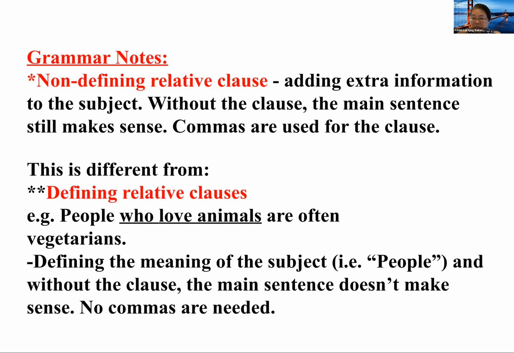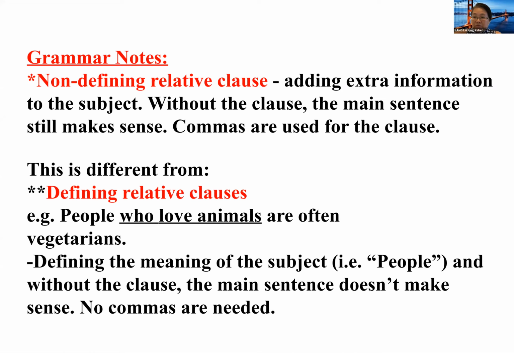Without it, the sentence doesn't make sense. If you simply say people are often vegetarians, I don't understand which people you refer to. This is why it is called a defining relative clause, because you need to define which people. People who love animals are often vegetarians. So be careful, and look at the punctuation marks as well.